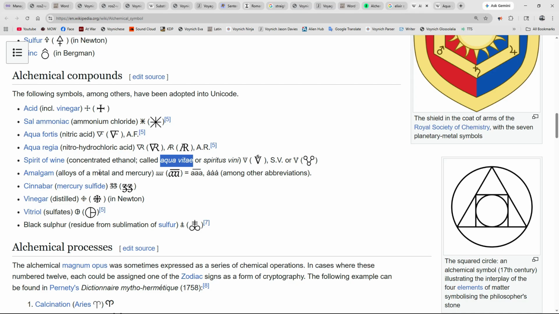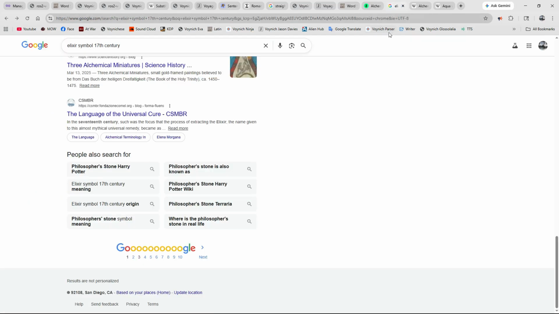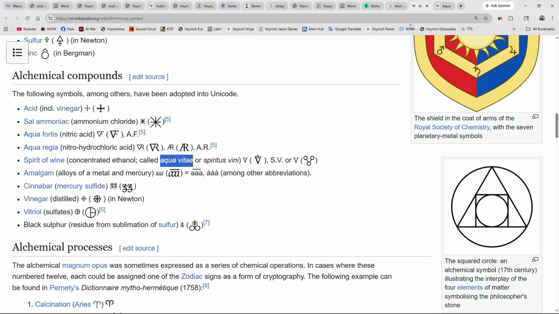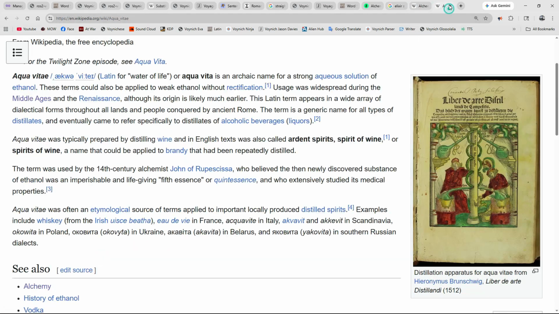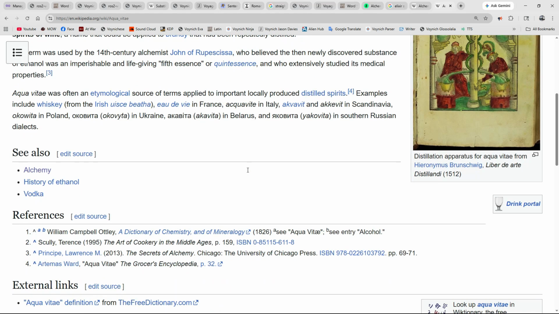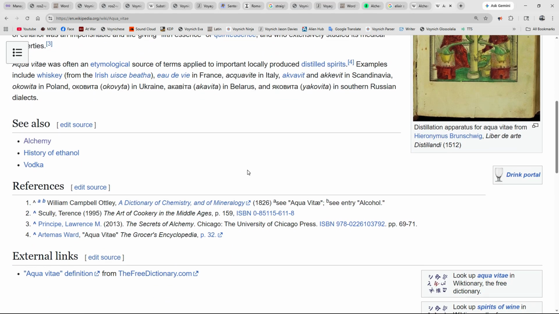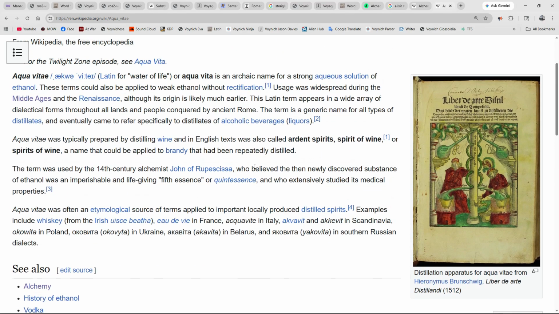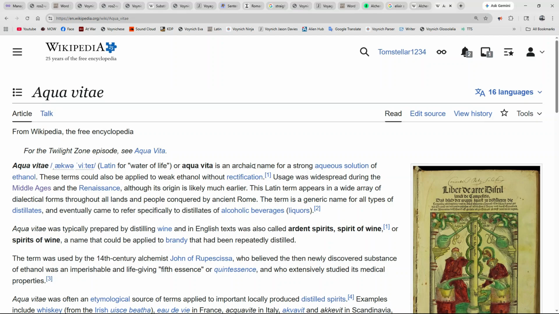Here's the symbol, spirit of wine, aquavita, and here's that symbol again. And this symbol, aquavita, is an 18th century symbol, or a symbol. Let's see.